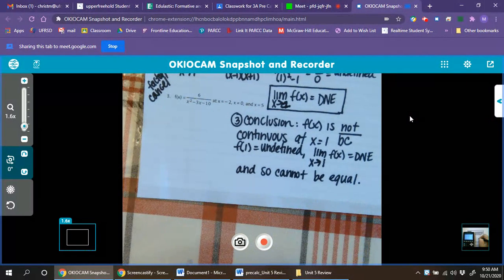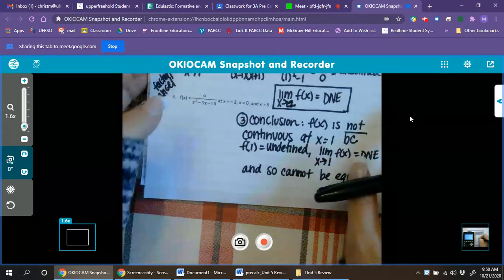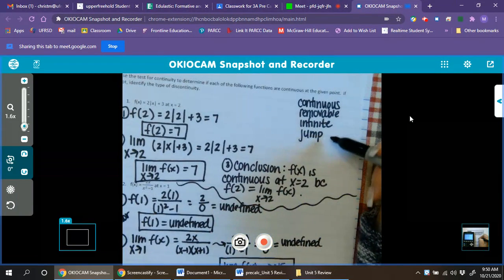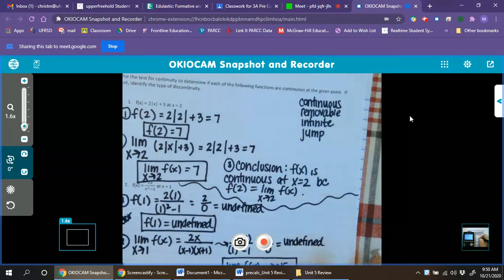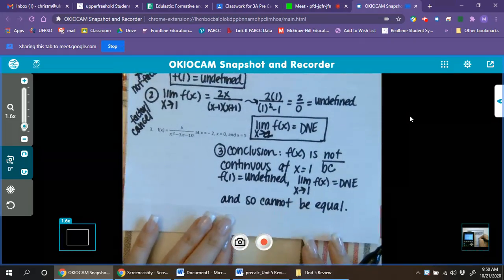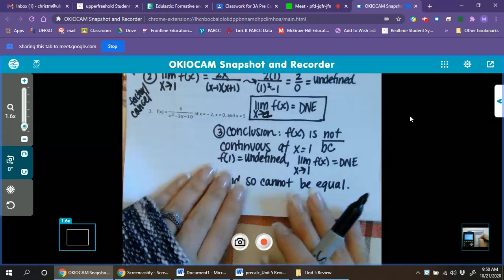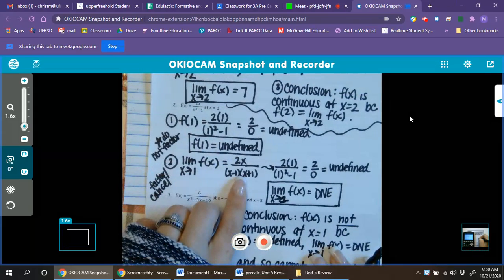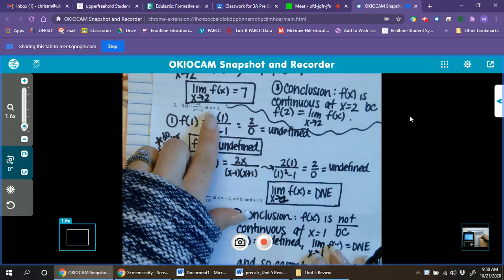Well, now I have to classify it. If it's not continuous, I have to pick one of these other classifications: removable, infinite, or jump. Well, in order to do that, I have to know what's happening to this function at x equals 1.